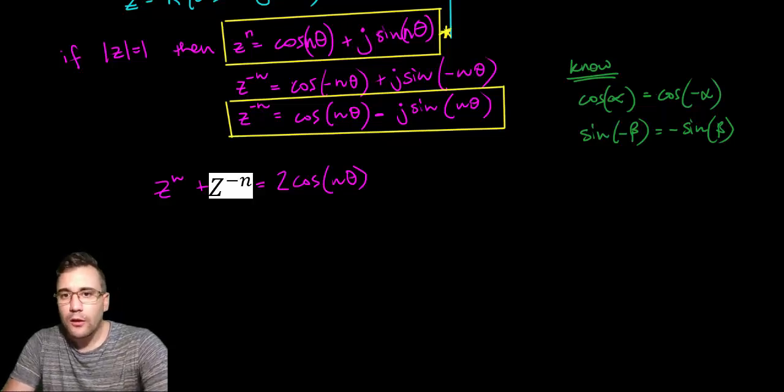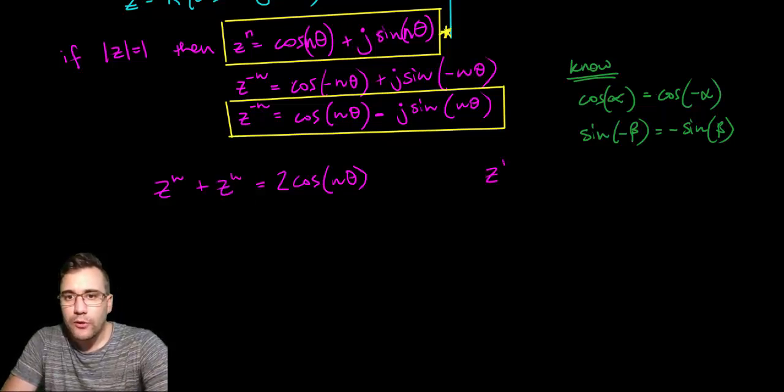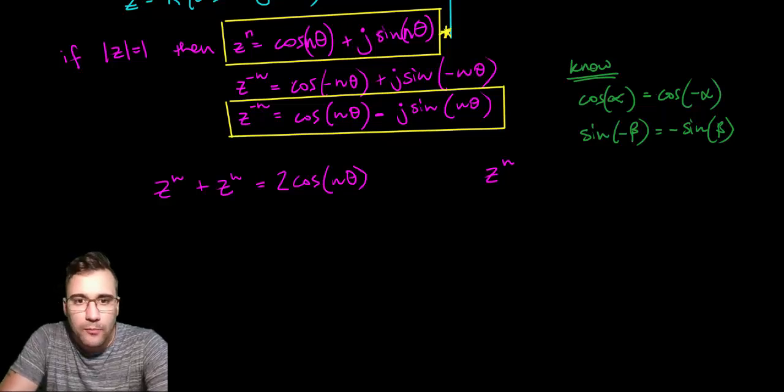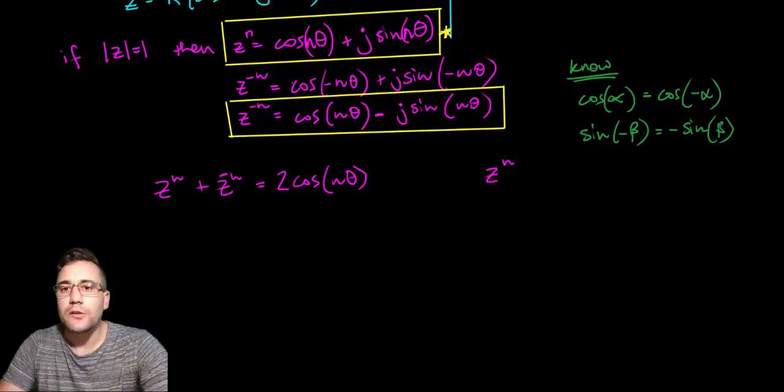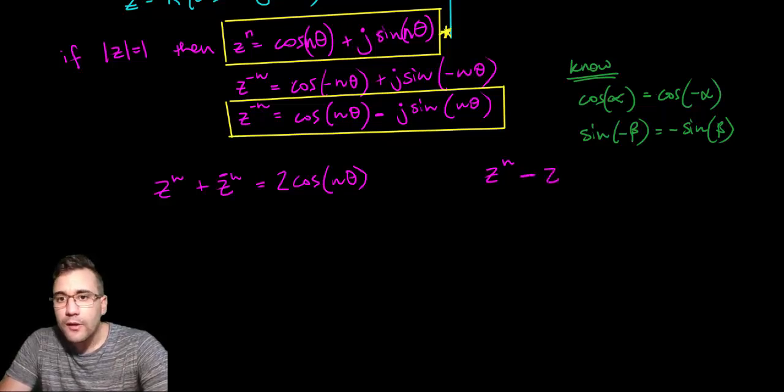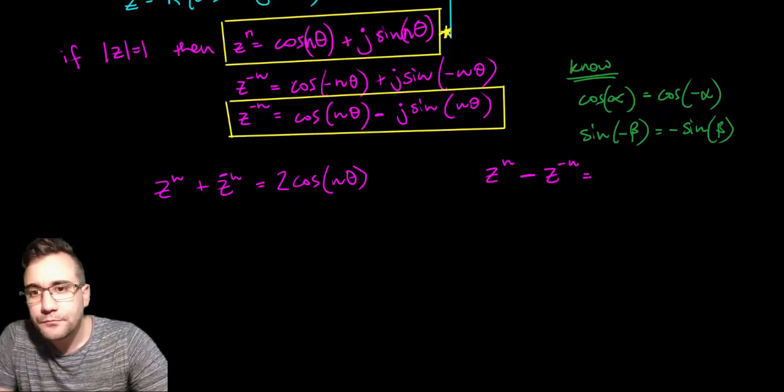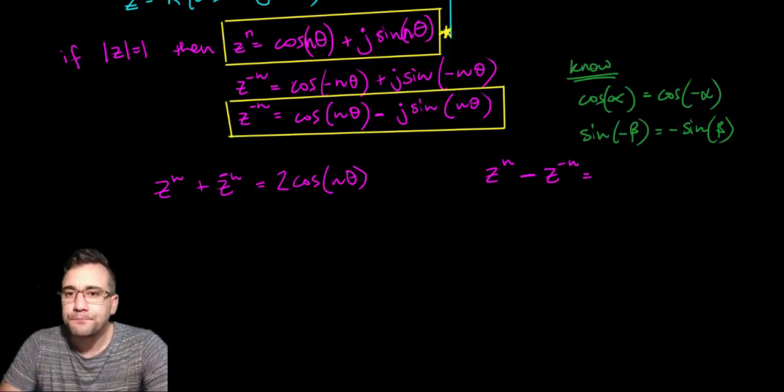Another thing we can do is z to the n minus z to the negative n. Oh, sorry, this is meant to be negative n over here, my apologies. So z to the n minus z to the negative n is equal to what? Well, interesting.